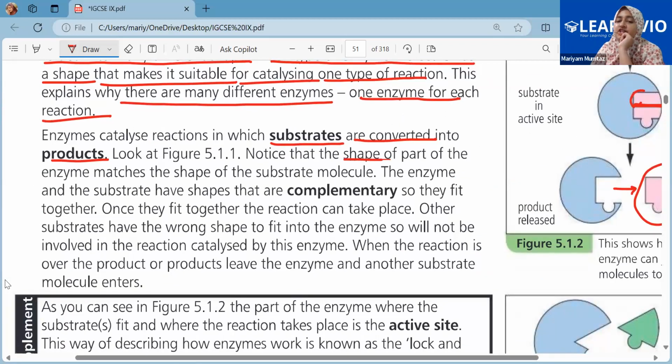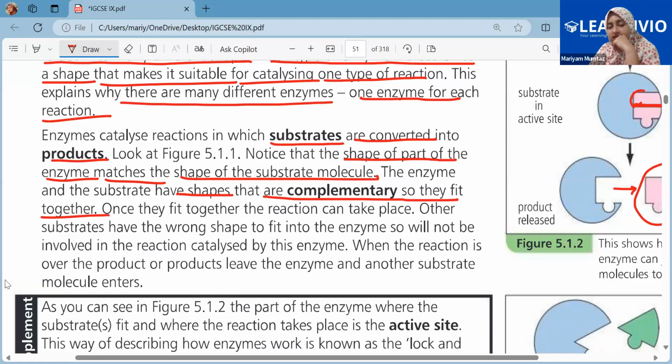Notice that the shape of part of the enzyme matches the shape of the substrate molecule. Why? Because it is specific. The enzyme and the substrate have shapes that are complementary, so they fit together, so that one will go and fit into the other.